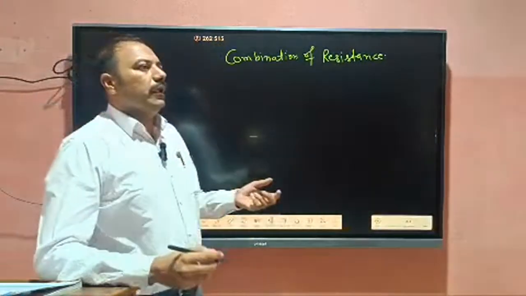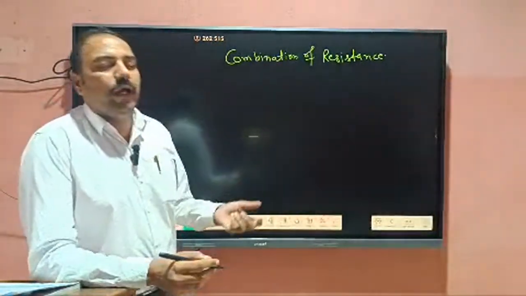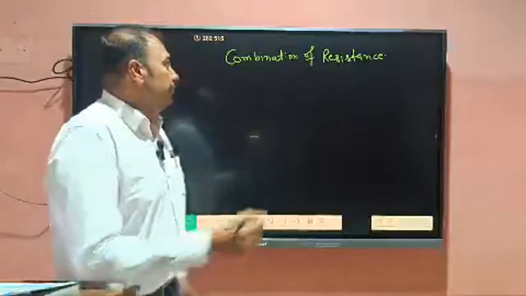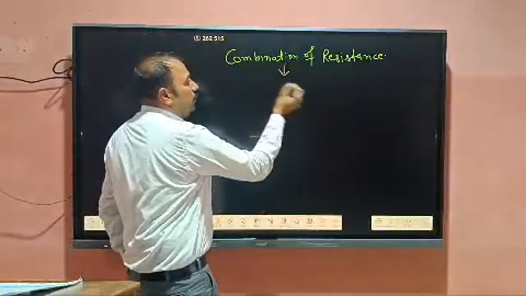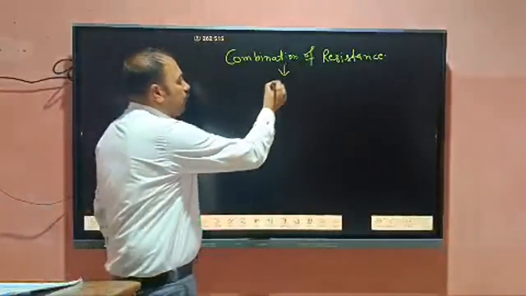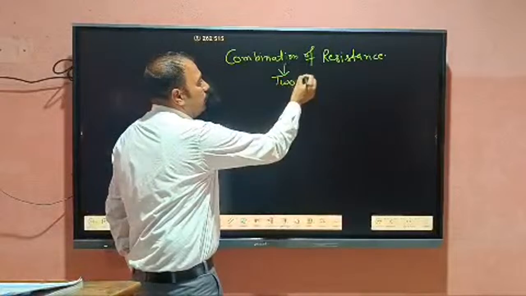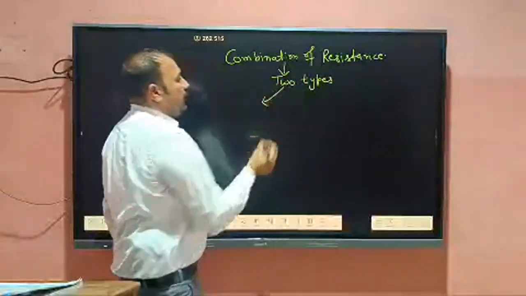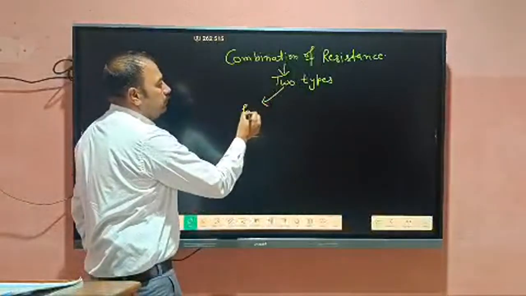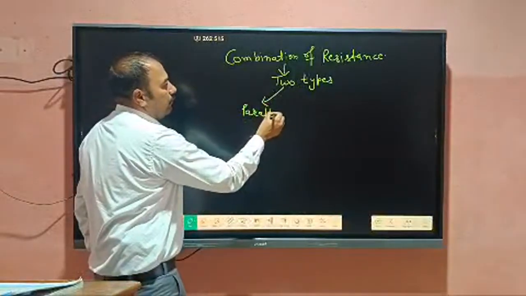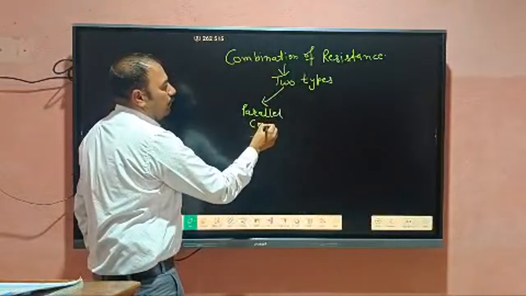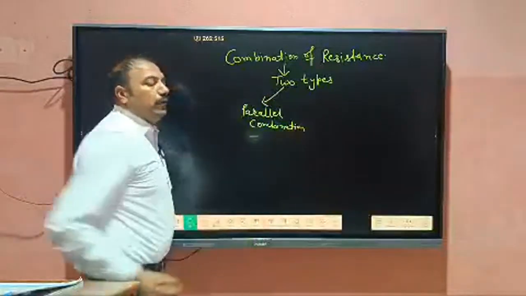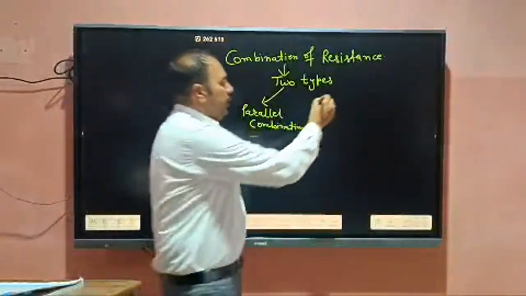So resistors are connected in a circuit in two types. First type may be parallel and second type series. So how to connect them? Two types. First, parallel combination, and second, series combination.